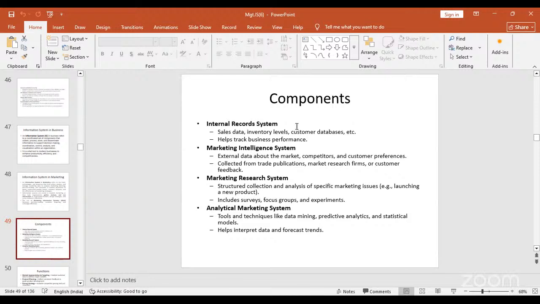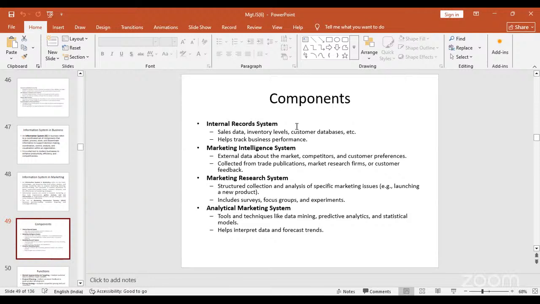Such type of customers will always need products of rupees 100 or 200 or 300. And some customers are always looking for high quality products. So that can be stored in the customer database, and that can be extracted from the customer database. So that is to track the business performance. It helps to track the business performance, the internal records.